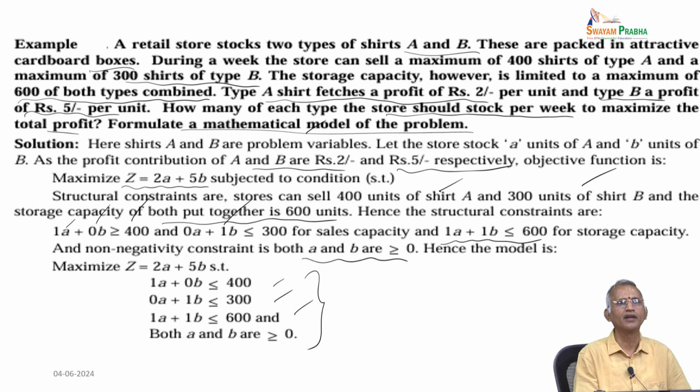I hope all of you can understand how we make the equations of the objective function subject to the constraints. The question is to maximize the total profit, therefore you put maximize, and then we have the objective with the help of the statement.